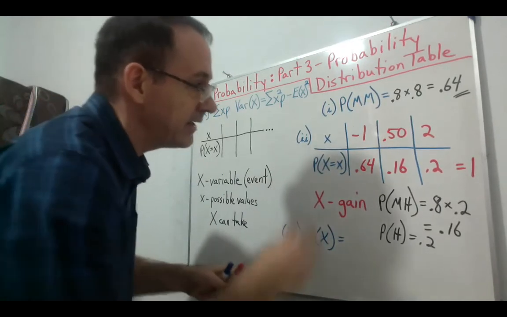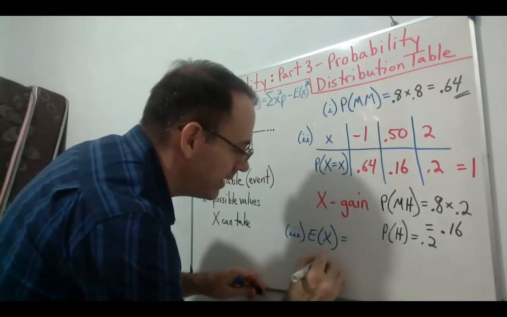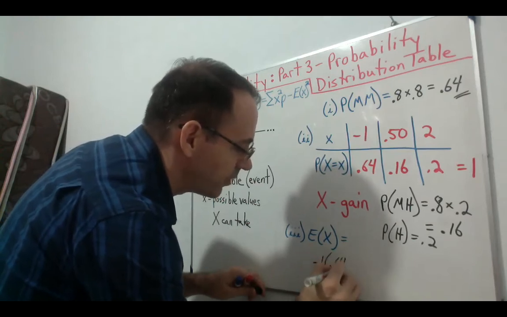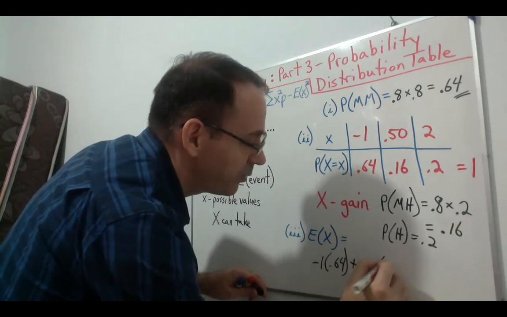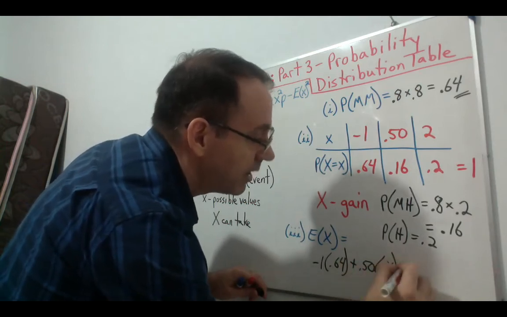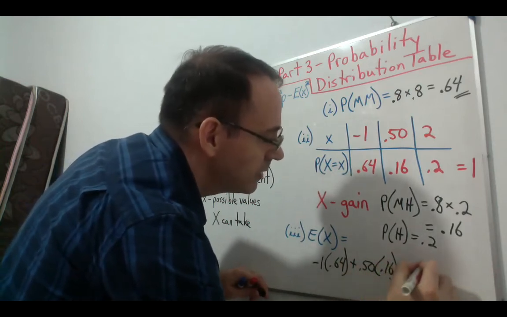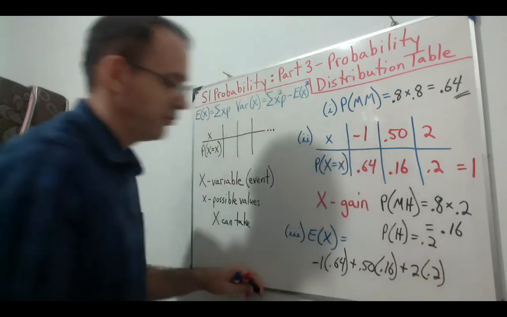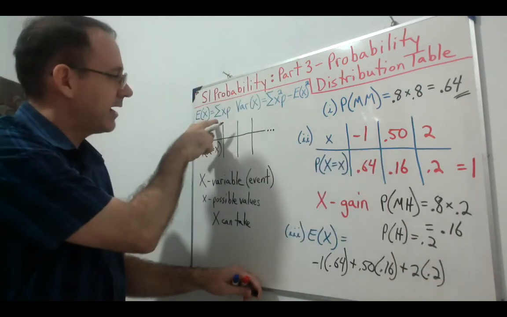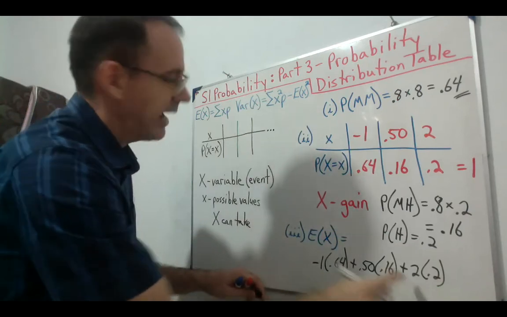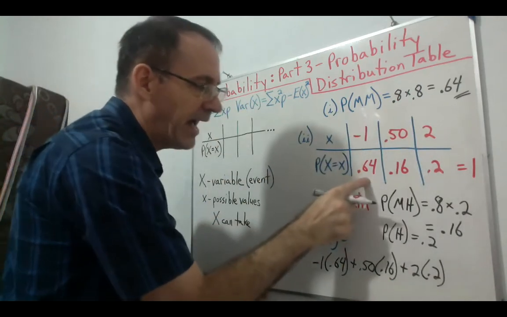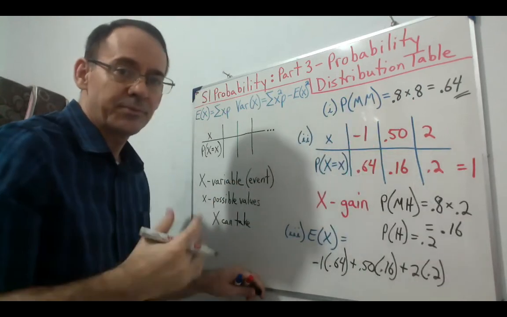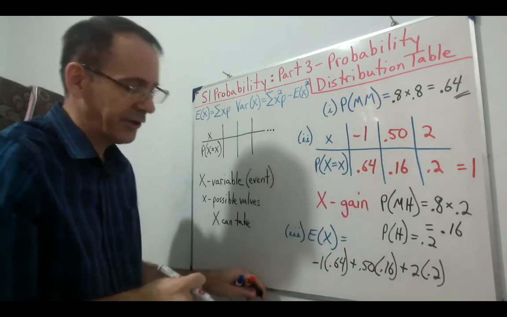So what we get is -1 times 0.64 plus 0.50 times 0.16 plus 2 times 0.2. So we're adding up, that's the summation sign, the individual x values times their specific probability of occurring.